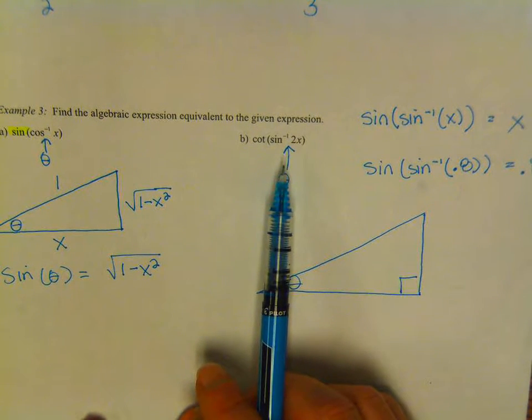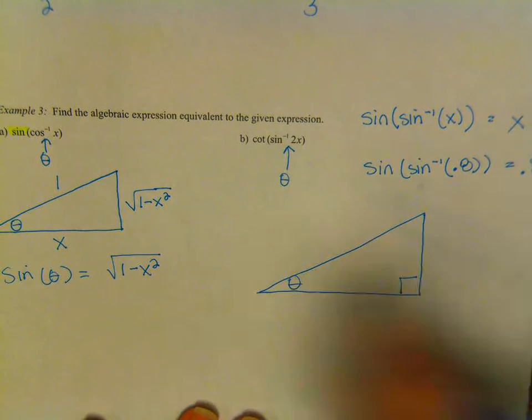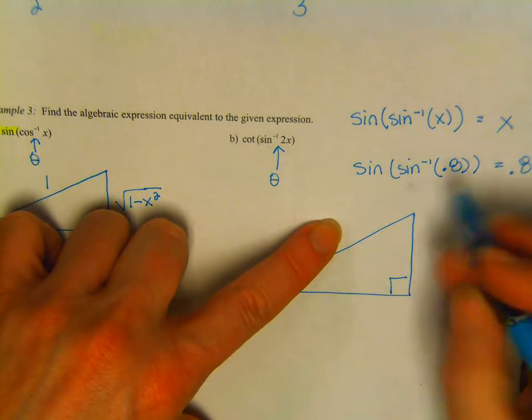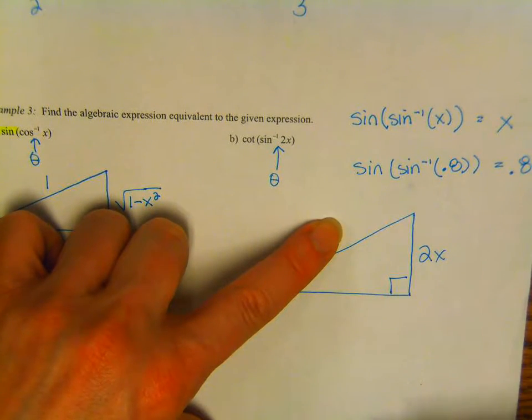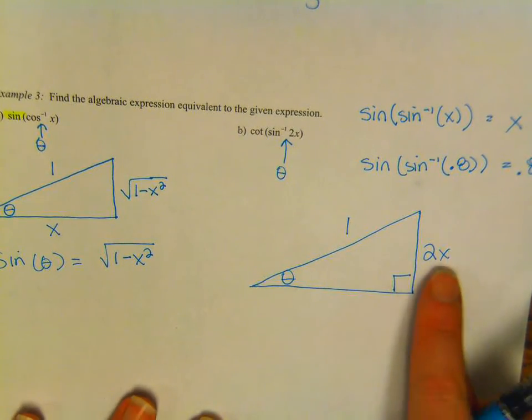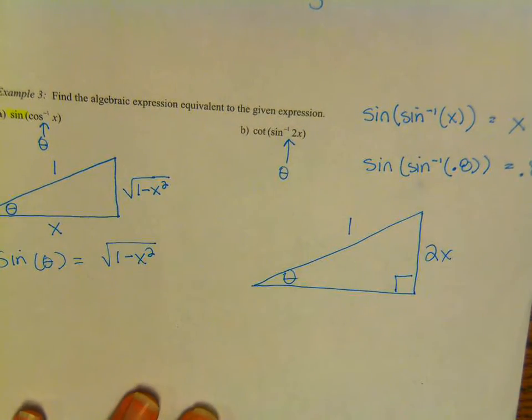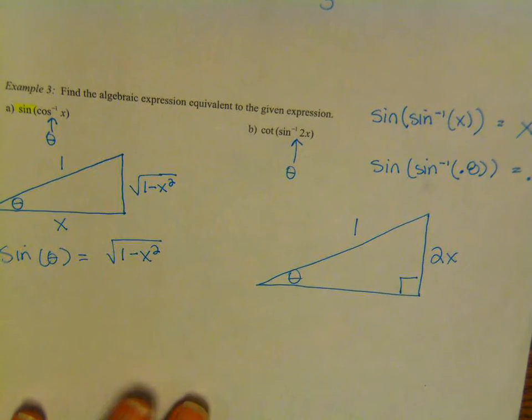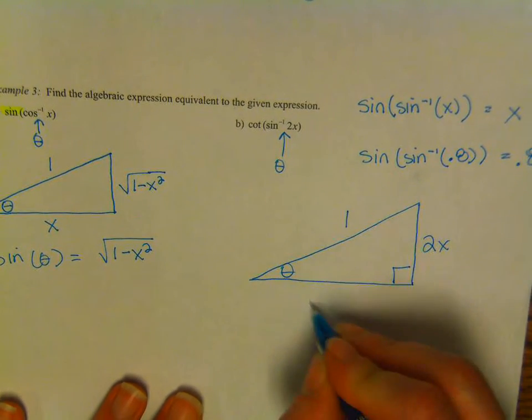So what I'm going to do now is I'm going to use the same idea. Sine is opposite over hypotenuse. So I'm going to make the opposite 2x, the hypotenuse 1. Because isn't 2x divided by 1 2x? Same idea as before.